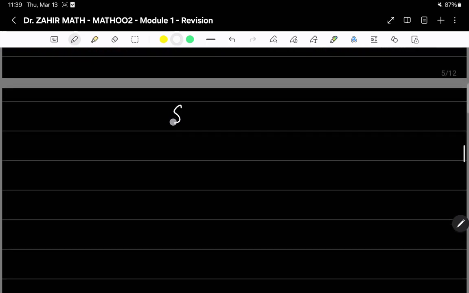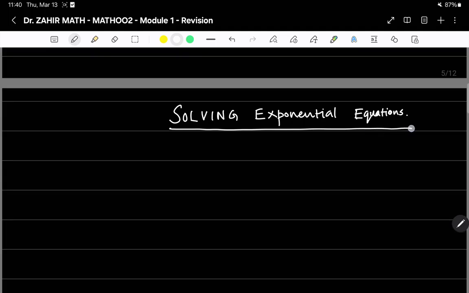Exponential equations. Keep in your mind, solving exponential equations. What do you mean by exponential equations? e power. So solving exponential equations.